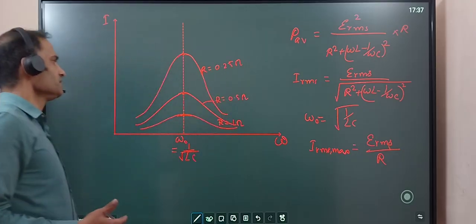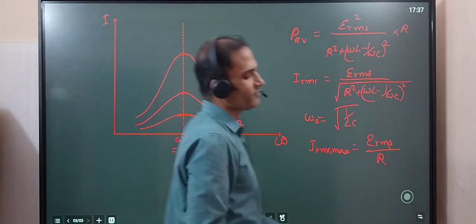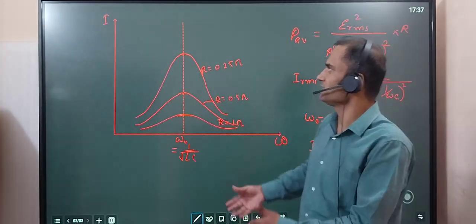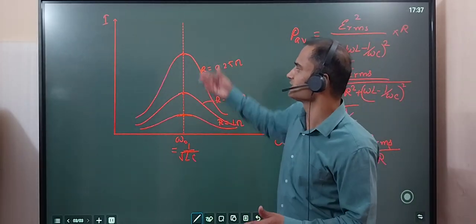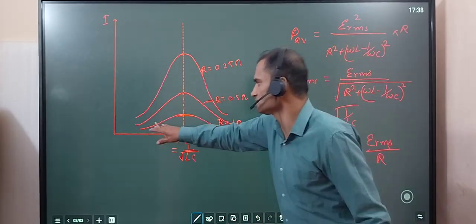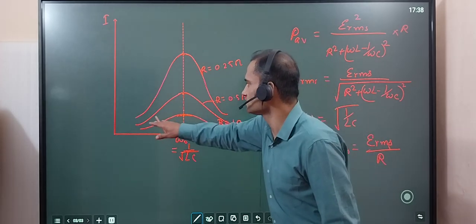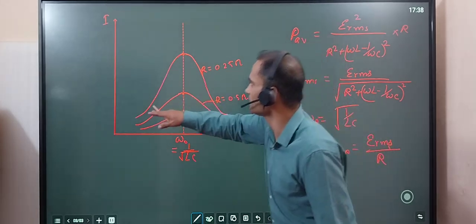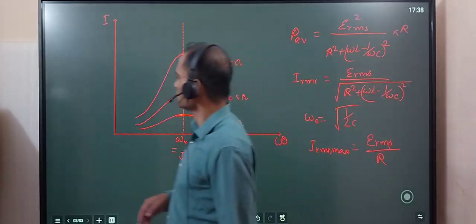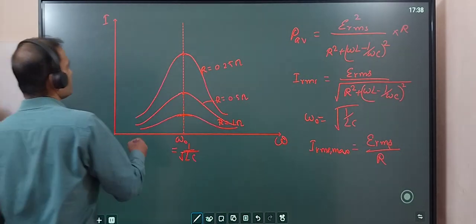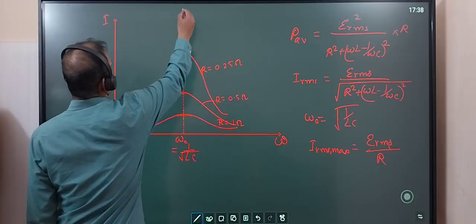You can see that when we decrease R, clearly I value is increasing, but this resonance curve is getting sharper. Here it is flatter, here it is less flat, and here it is even less flat. If you decrease the R value again, the curve will look like something.